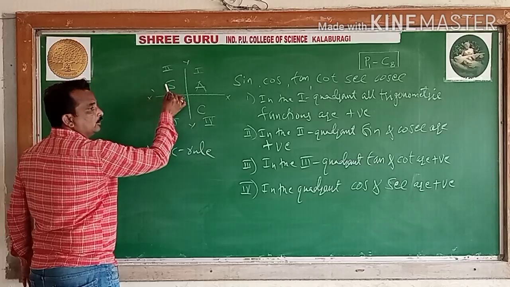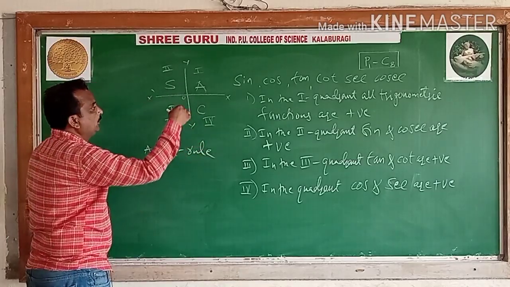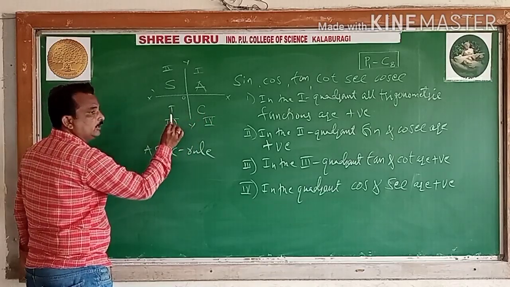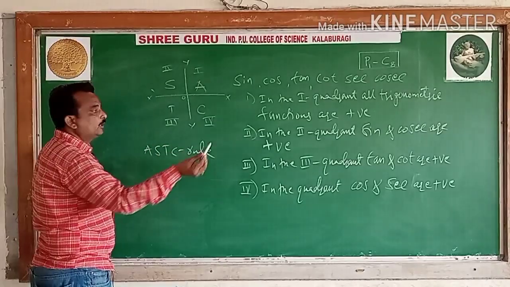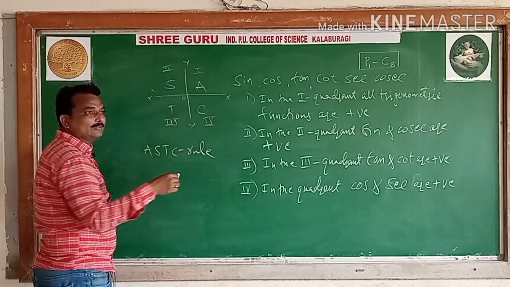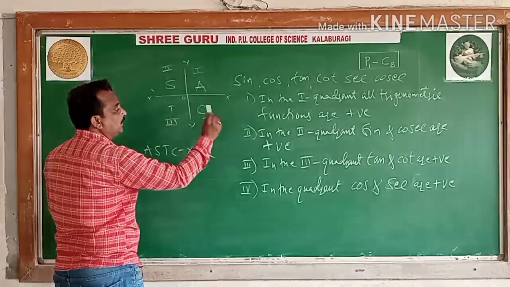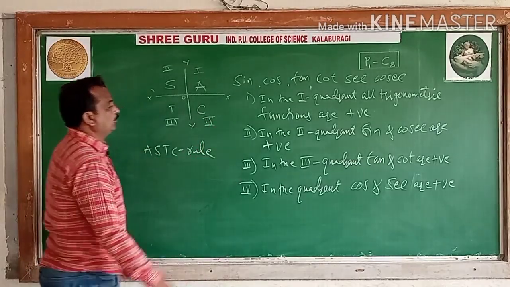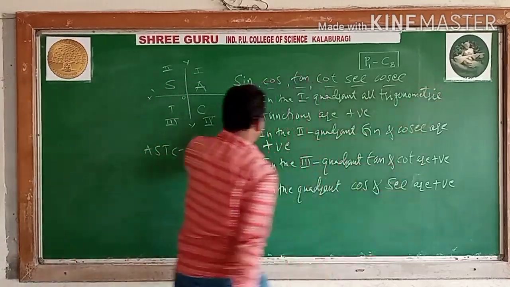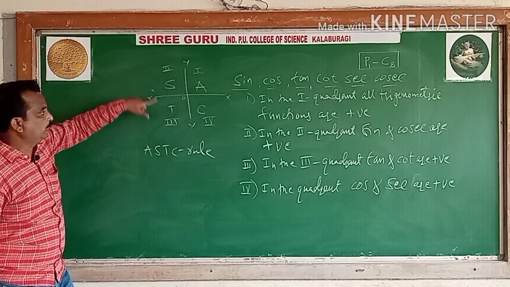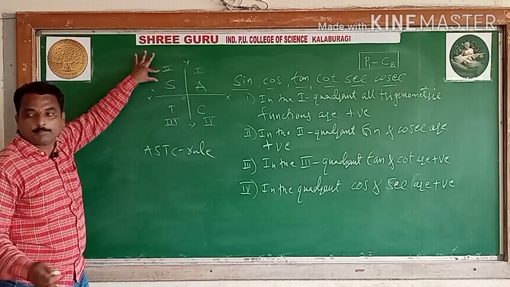In the second quadrant, only sin theta and cosecant theta are positive, remaining all are negative. In the third quadrant, tan theta and cot theta are positive, remaining all are negative. In the fourth quadrant, cos theta and sec theta are positive, remaining all are negative. You should remember these 4 points and this chart, and you will come to know the sign of the trigonometric functions.